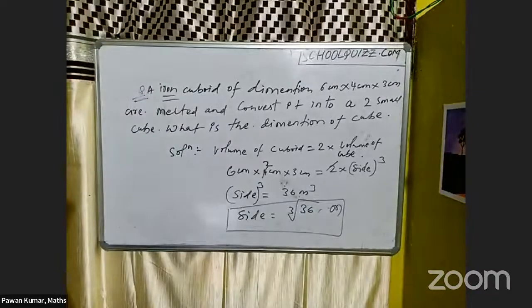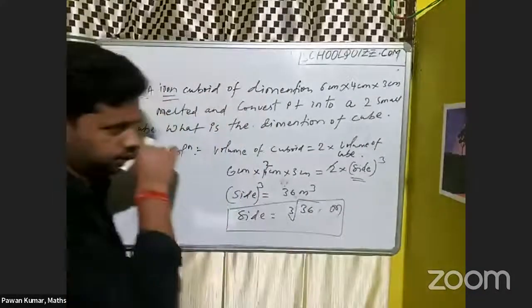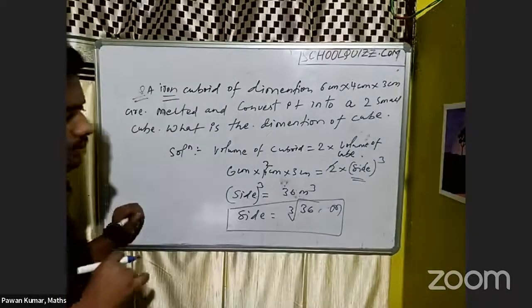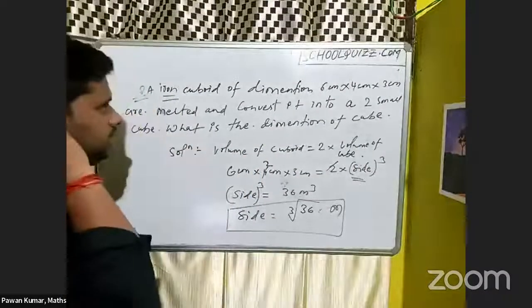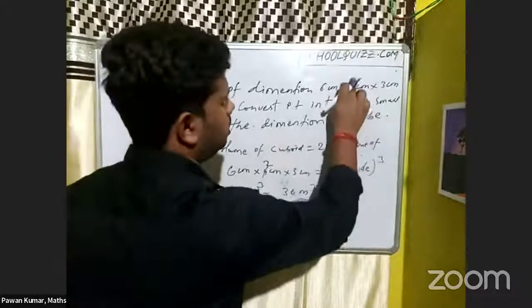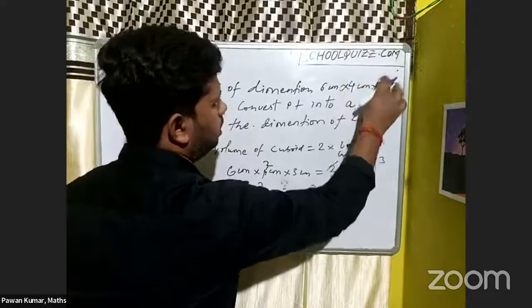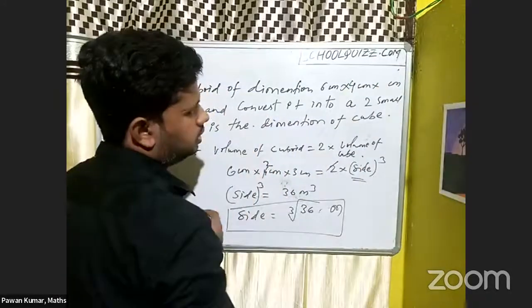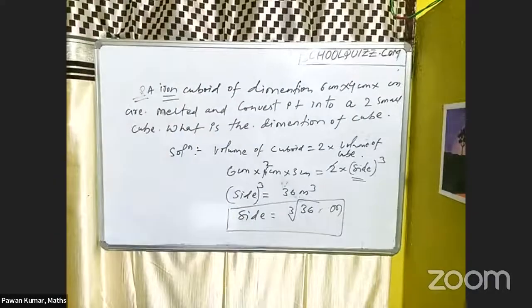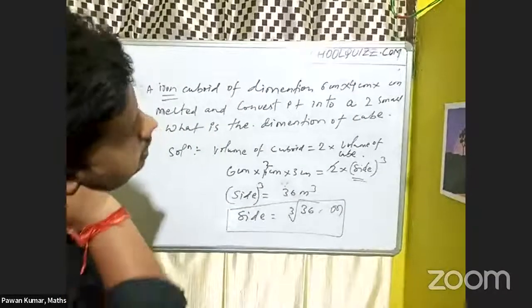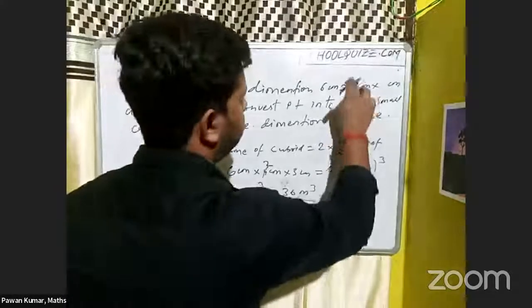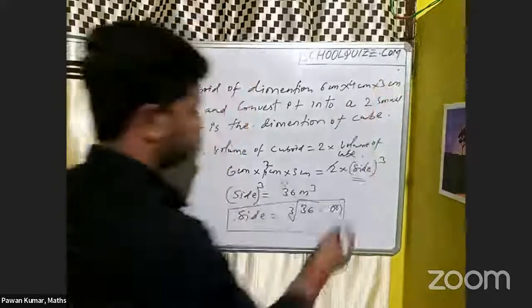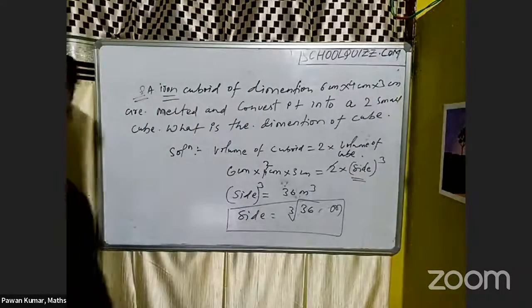I think you have done regarding side square, correct? Yes. So cube is there. If I make it almost 6, suppose I make this as a 4 and make it as a 6, 36 into 6. No problem, you can keep the answer like that. No need to get confused in that. This is the cube root of 36 centimeter there.